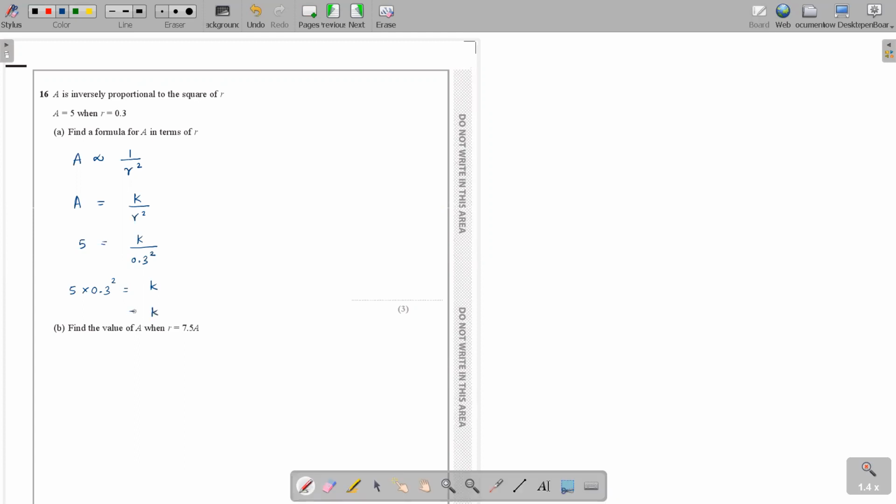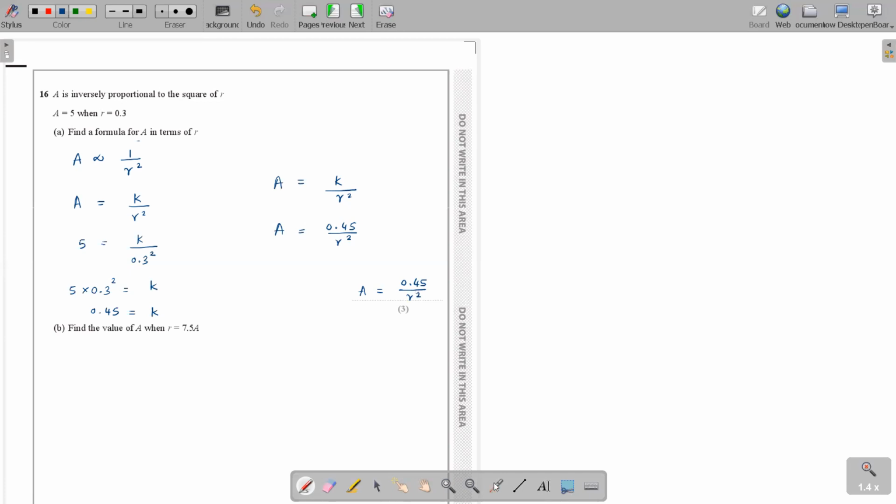K equals 0.45. The question here is not to find the value of K; they are asking me to find the formula. The formula for A in terms of R is A equals K over R squared. The K value was found as 0.45, so you write the formula: A equals 0.45 over R squared.